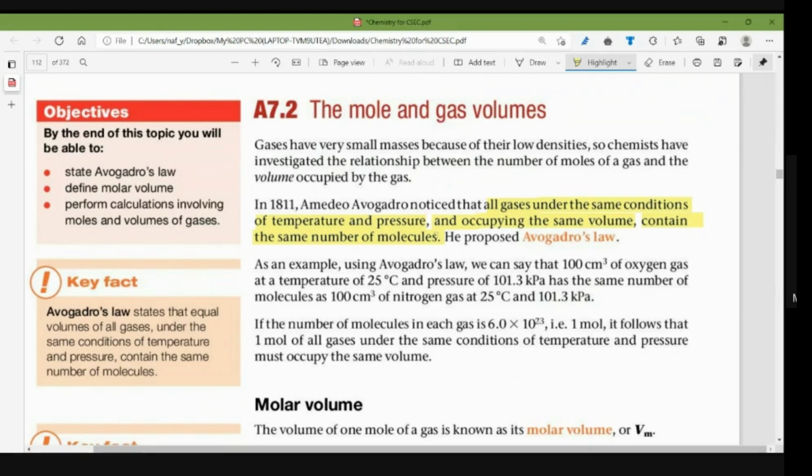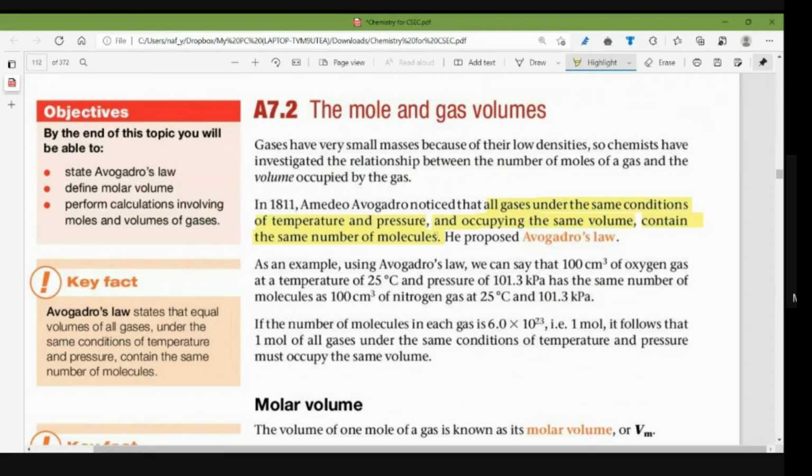So if you think of examples of gases: hydrogen, nitrogen, oxygen, carbon dioxide, nitrogen dioxide, and the list goes on. If they're under the same temperature and pressure and the volume is the same, whether 100 cm cubed, 10 cm cubed, or 5 cm cubed, then the number of molecules of the gas are the same.